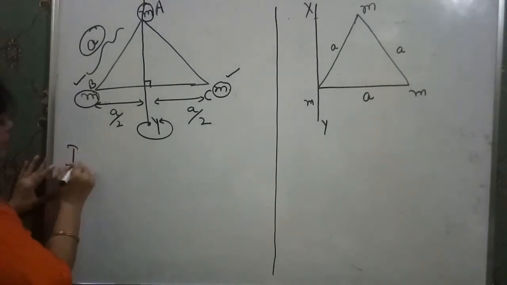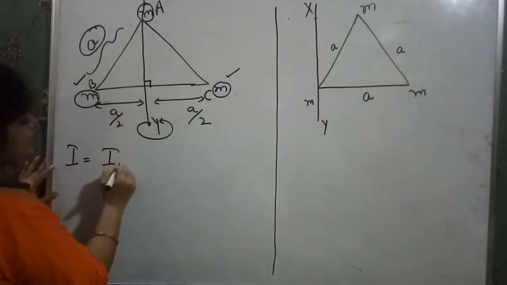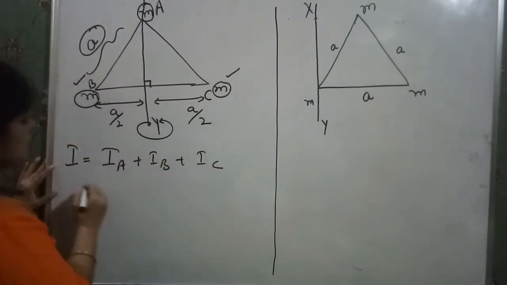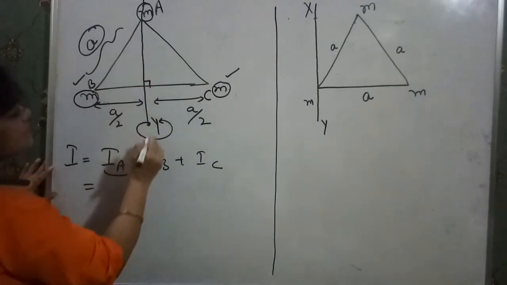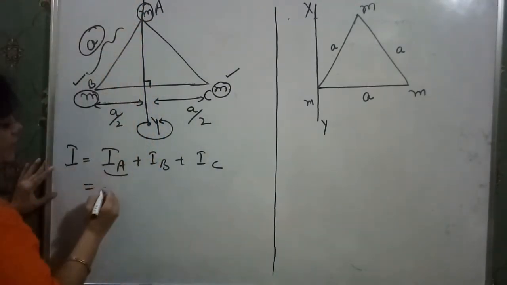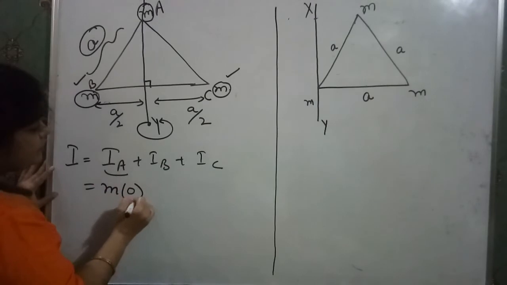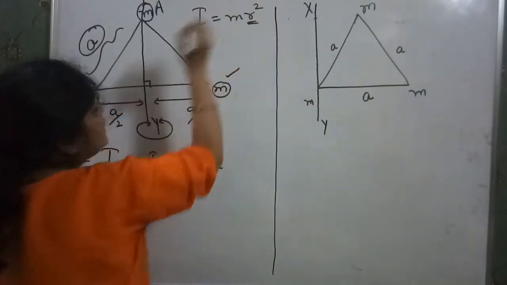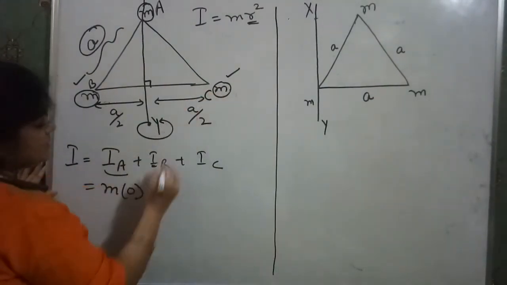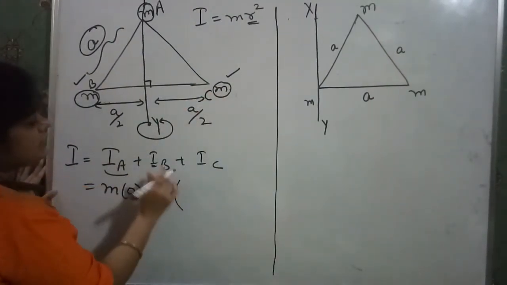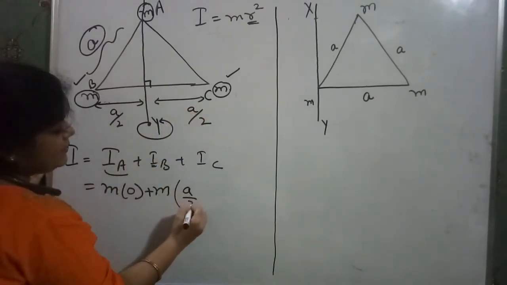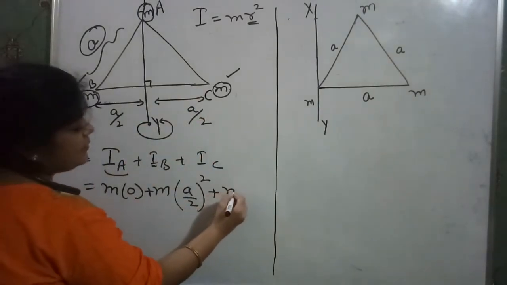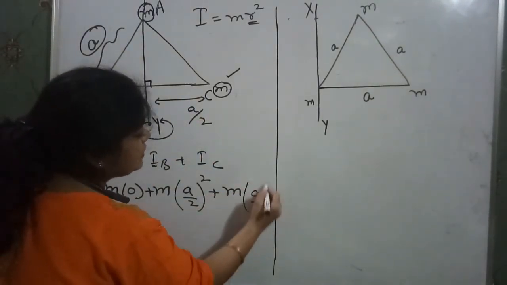So the moment of inertia is the moment of inertia of A, plus that of B, plus that of C. For A, the axis of rotation goes through the point A, so we have m into 0. We have the formula, moment of inertia is mr square. Clear? Now for B, we have the same mass plus the distance a by 2, so we write m times a by 2 whole square, plus for IC we again have m times a by 2 whole square.